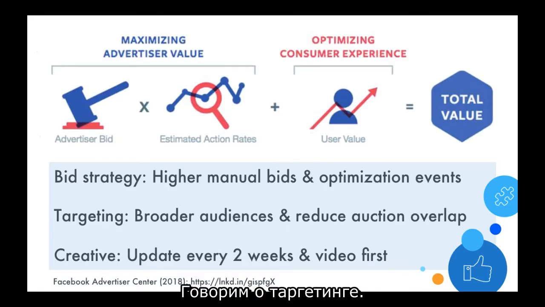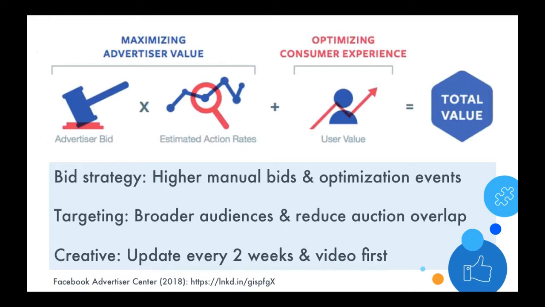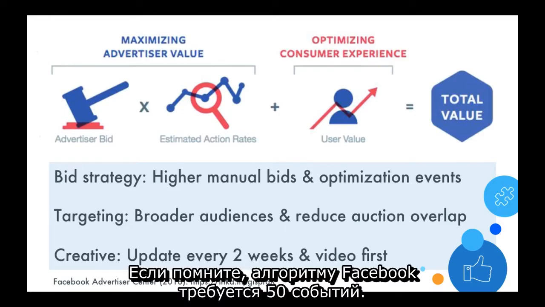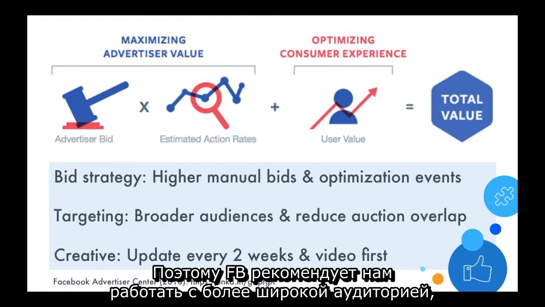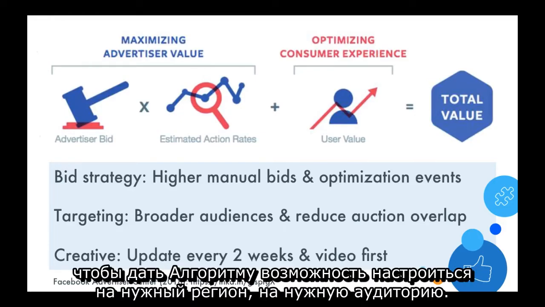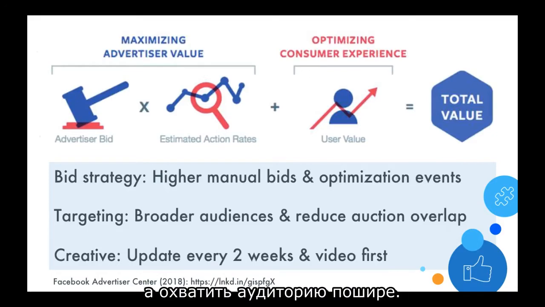Talking about targeting, what does Facebook actually recommend us to really get the best out of our performance? Well, if we remember that the Facebook algorithm needs 50 events each week per ad set, therefore they recommend us to really work with broader audiences to let this algorithm optimize on the right area within an audience, okay, and not work with very narrow ones, but rather go into broader audiences.